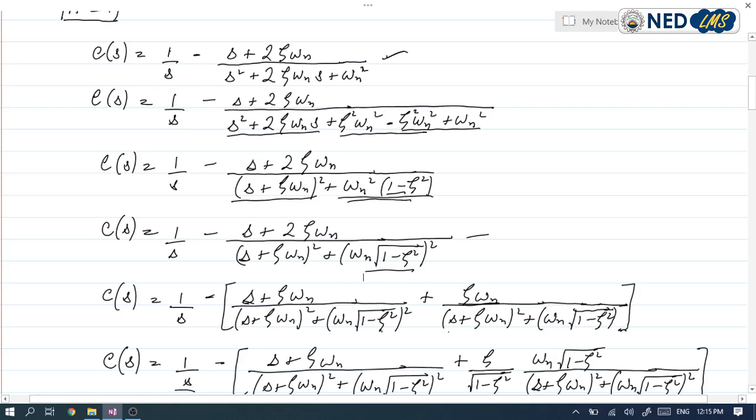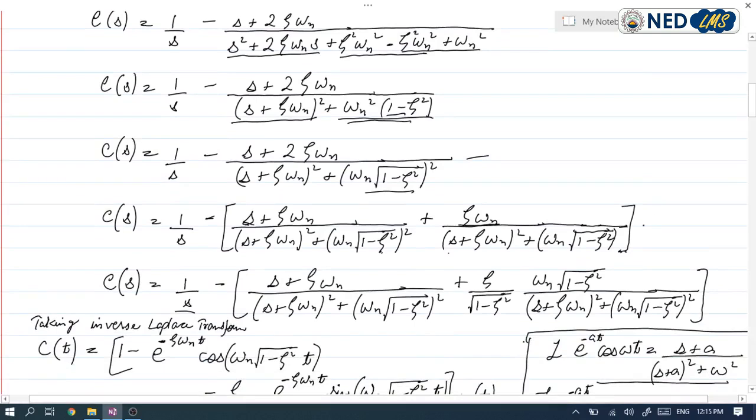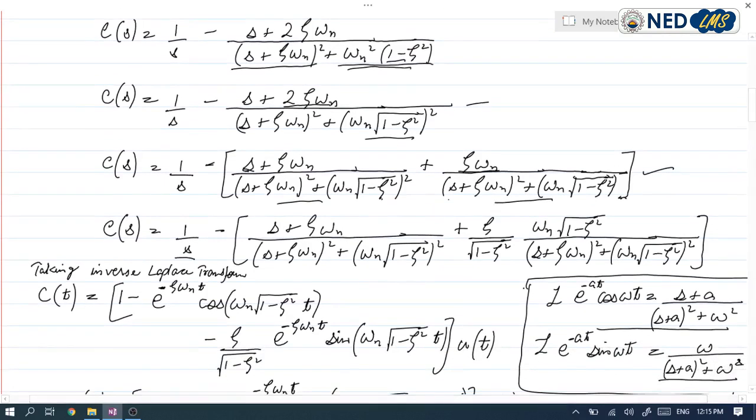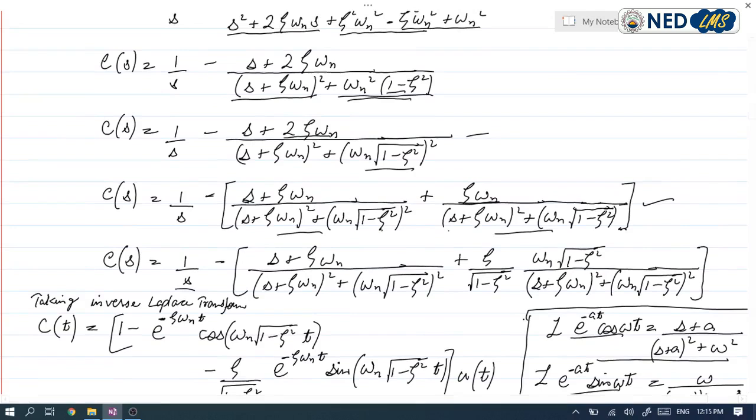Then in this step I break this term into zeta omega n and zeta omega n, and then I separate these two numerators in such a way that these two terms can relate with the formula of exponential cos omega t and exponential sin omega t.